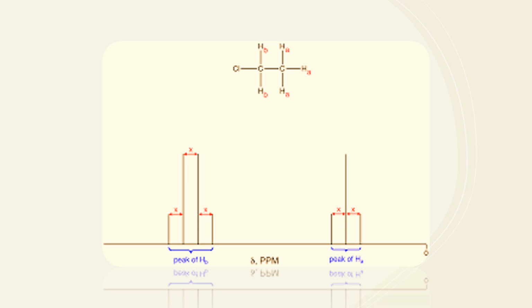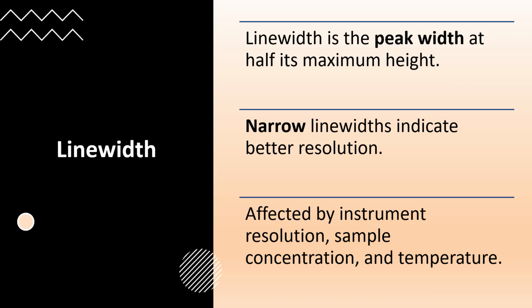This value provides insights into bond distance and geometry, typically in the range of 6 to 12 Hz for adjacent protons. Line width is the width of an NMR peak at half its height and provides insights into molecular motion, relaxation, and interactions.